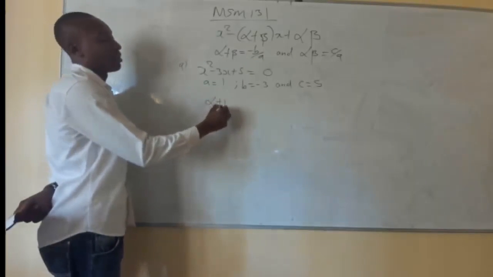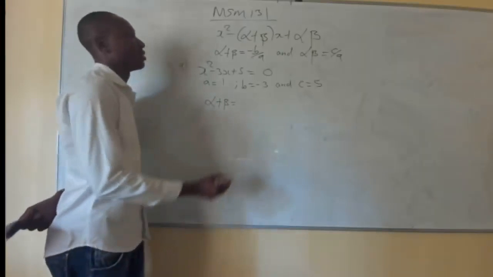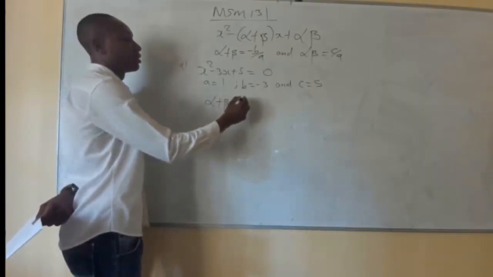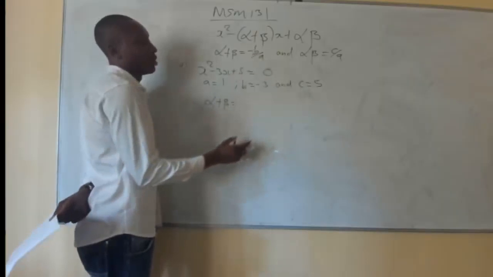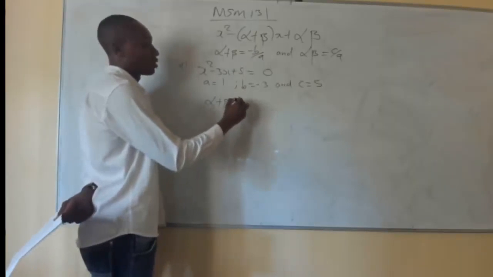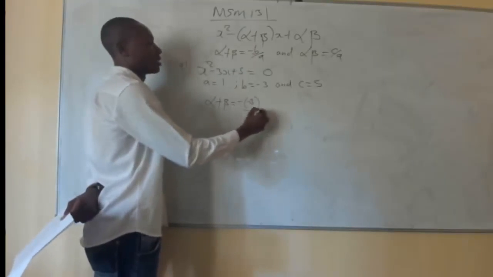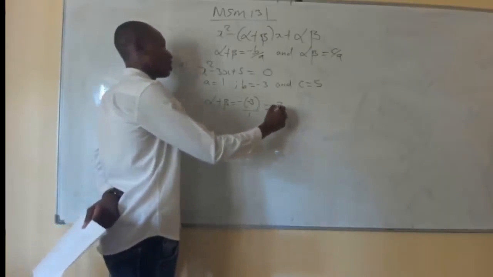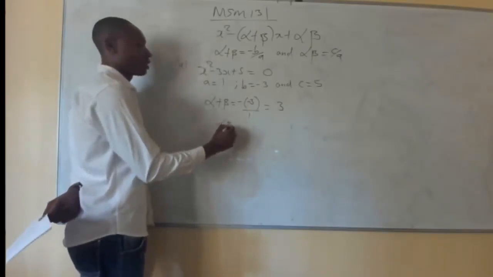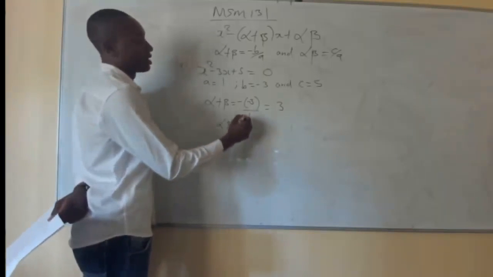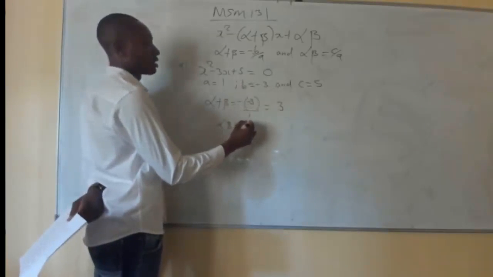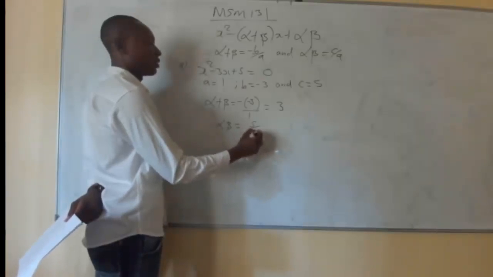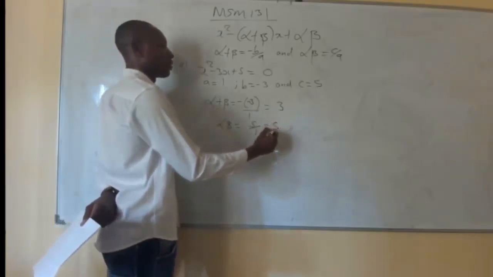The sum is alpha plus beta, which is negative b over a. Now we know what b is, it's negative 3. So negative negative 3, what is a? A is 1. So this ends up just being positive 3. And the product will be c over a, so that is just 5 over 1, which is 5.